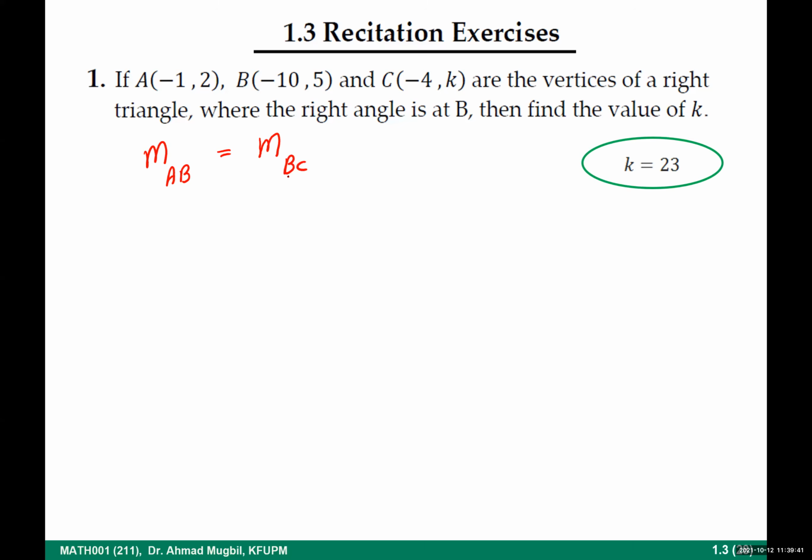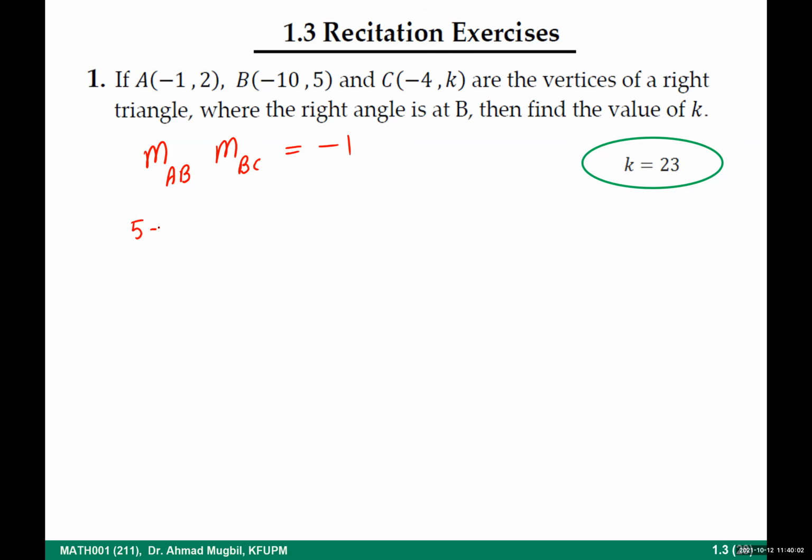Is that right? No, this is not right. Be careful. The product of them. Okay. The product of them is equal to what? -1.